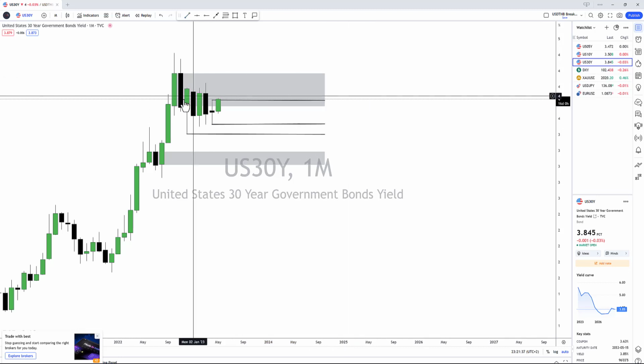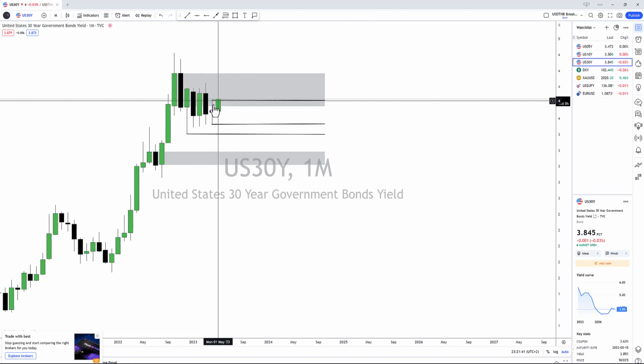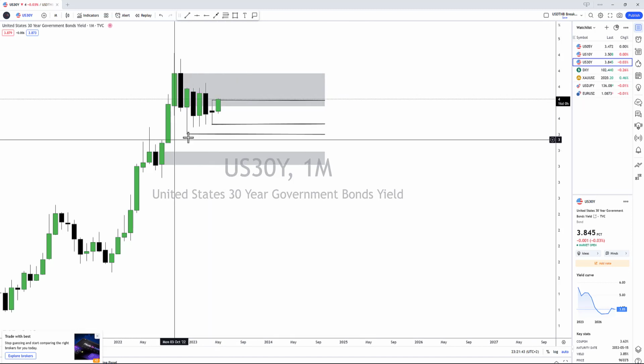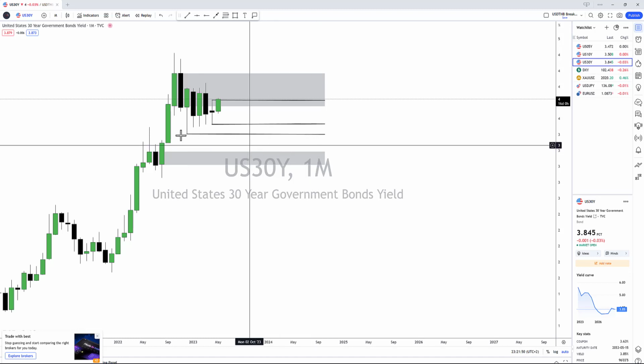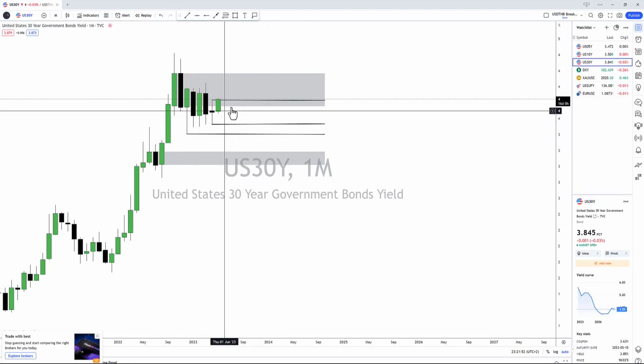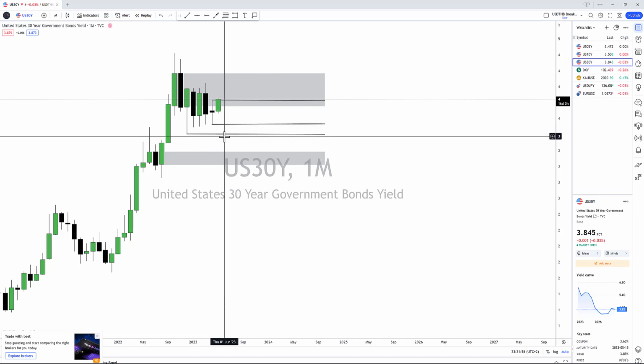I won't really use it in terms of institutional order flow. What I will use is last month's high and December's low, because we now have fair value for longs, which is going to be the draw on liquidity. All these lows that I've marked, we've got internal range liquidity of sell stops, right?